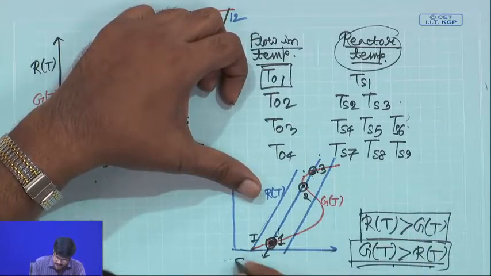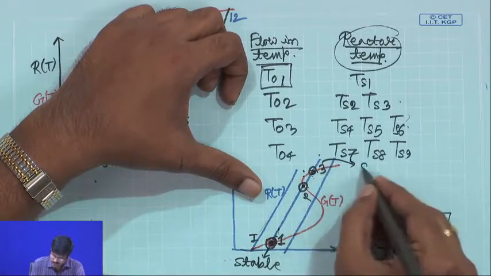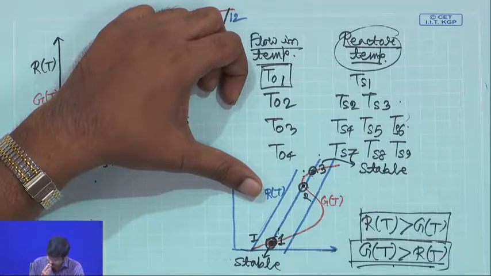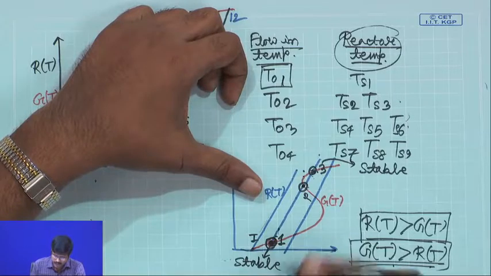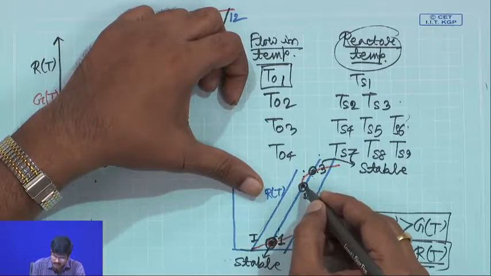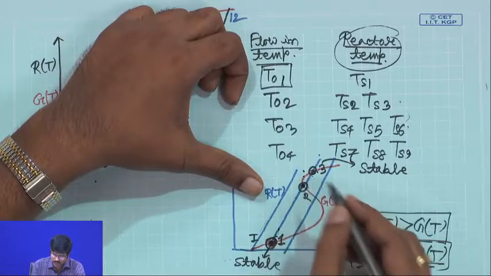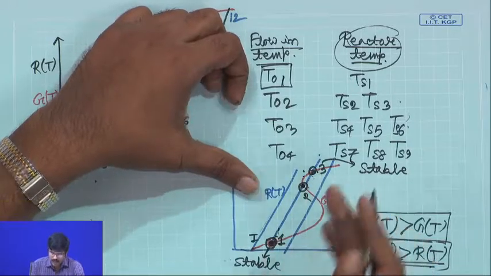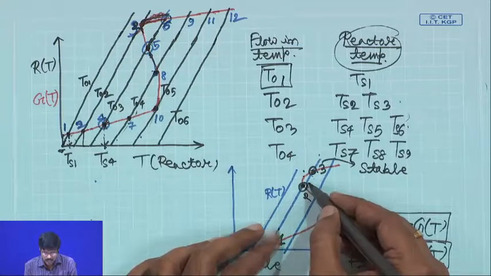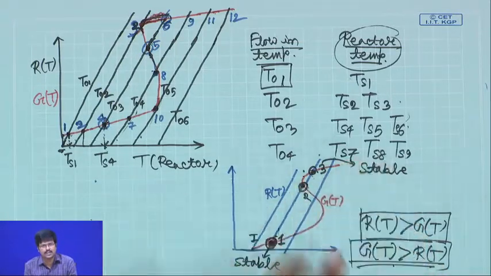This point is a stable steady state point, and this point is also a stable steady state point. So what will happen if you are a little bit off from this point, say you heat the system up a little bit? It has to go to a stable steady state ultimately, right.